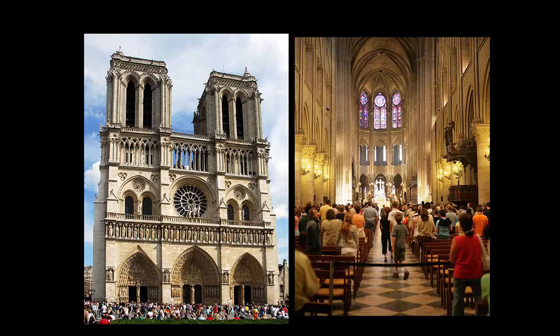Initially, as Gothic style takes over and people start to practice it and follow it, there are some people who think that it's a little too flamboyant, a little too risky.